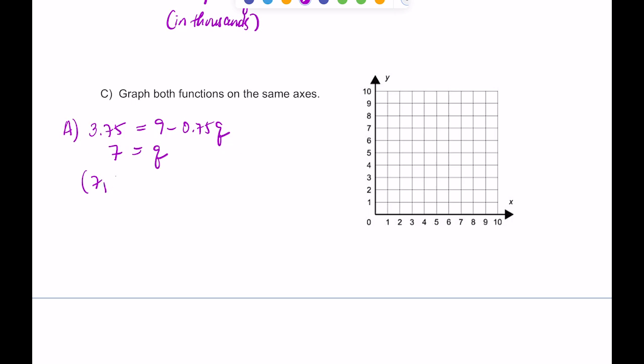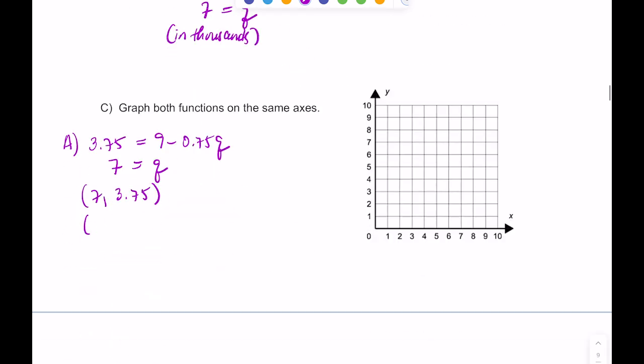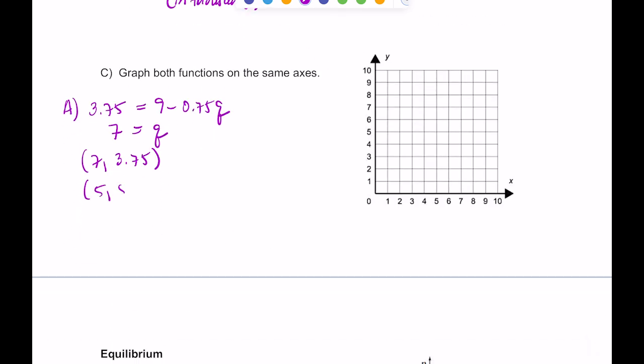I've got 7, which is Q. Q is basically your X. And then the point that we found in letter A was 5, comma 5.25. So I can graph that. That's my demand equation, right? So 7 and then 3.75 is going to go maybe right about there.